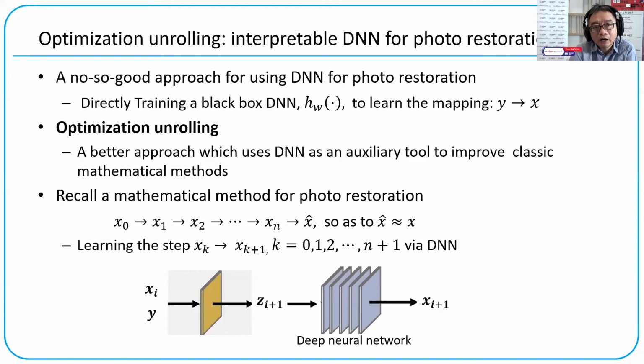However, how to iterate, how to refine it in each step, I use a deep neural network to learn how to do this step-by-step refinement. That is so-called optimization unrolling. People also call this a deep neural network which can be interpreted in terms of mathematics.